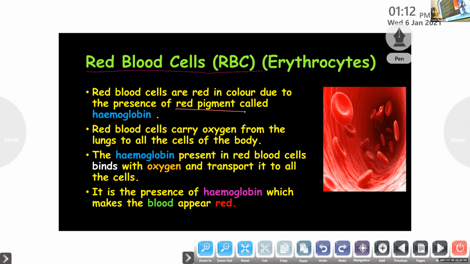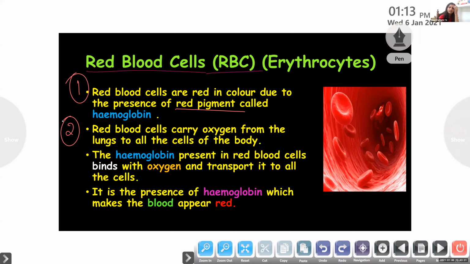Next one, the function of red blood cells. The first point explains what is there in the red blood cell. The second point explains the function of RBC. See, you know blood is responsible for the transportation of oxygen from the lungs to cells, and also the carbon dioxide from the cells to lungs.